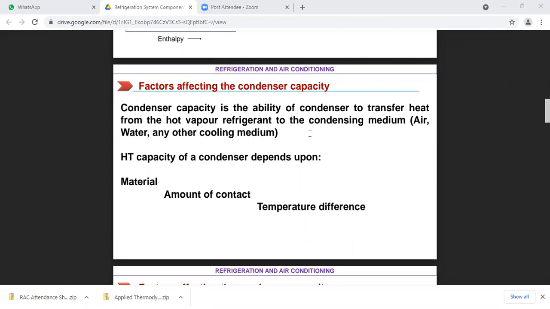And third is the temperature difference between the condensing medium and the coolant, such as water. The condenser capacity depends on these three factors: material, amount of contact, and temperature difference.